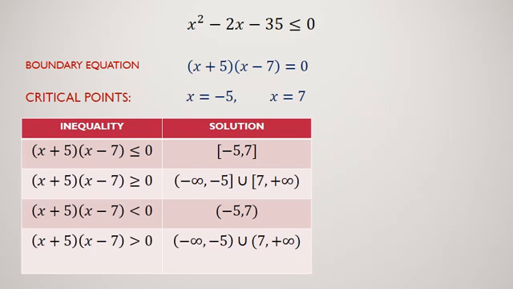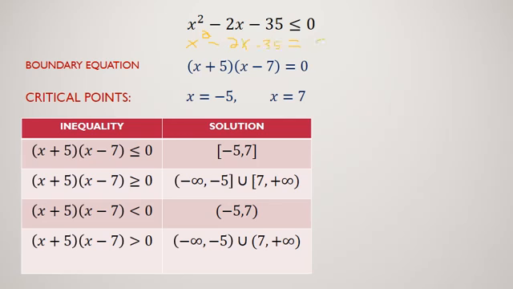So, di ba ang first step is ilisdan ang inequality by an equality. So, that's the boundary equation, right? So, x squared minus 2x minus 35 equals 0.